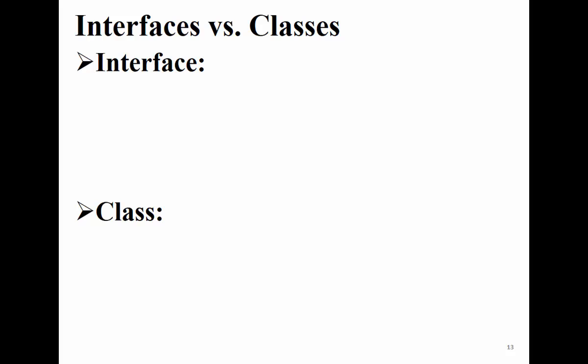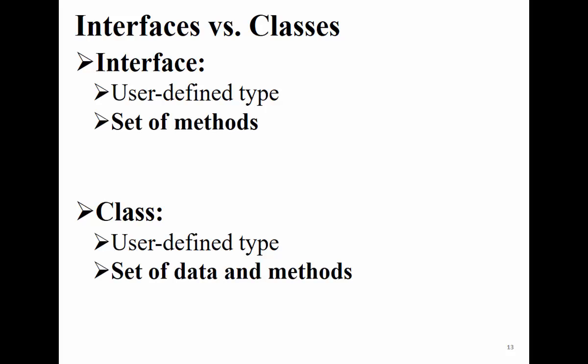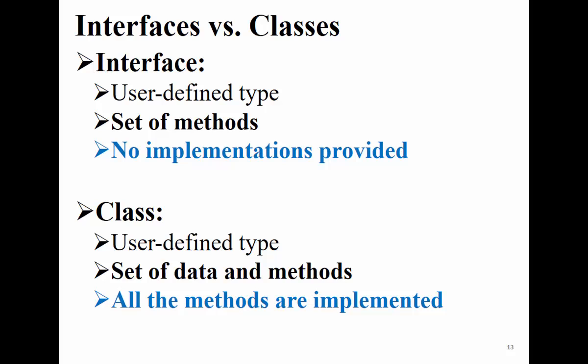Now, just to make a comparison between the regular class that represents an object and the interface. Both are user-defined. You can define the interface as you define the class. Both have a set of methods, but a class has other data representing the state of the class because you create an object. The interface represents behavior, all the things inside it are behavior.